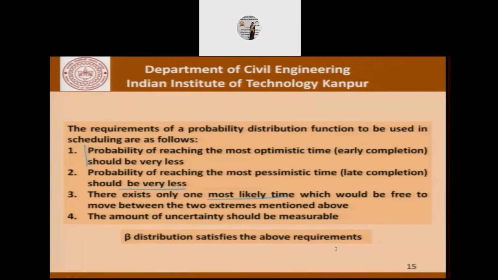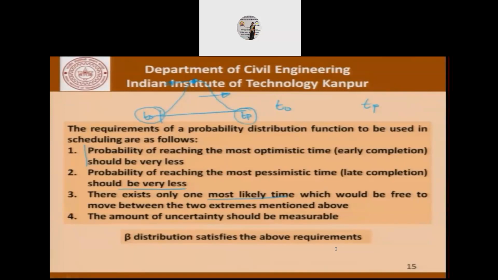So what we are saying is that there is an optimistic time To and there is a pessimistic time Tp. Between this To and Tp, we want to define a distribution which is not normal. So either this most likely time will move towards the left, in which case the pessimistic time becomes an outlier, or it will move towards the right, in which case the optimistic time becomes an outlier.